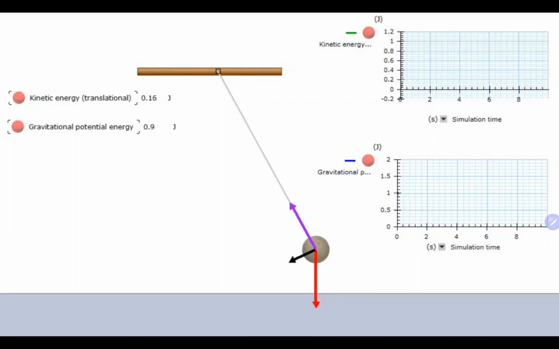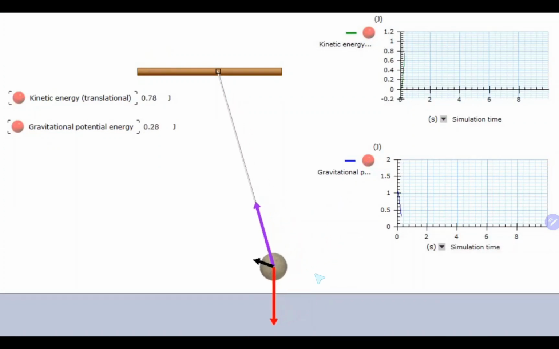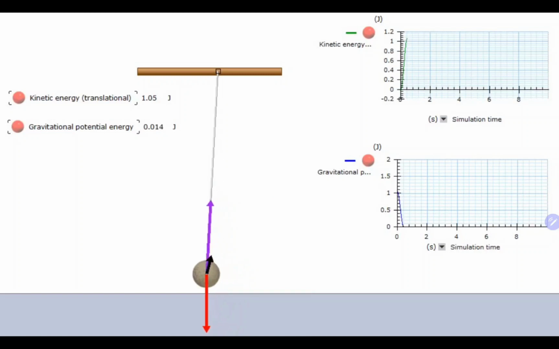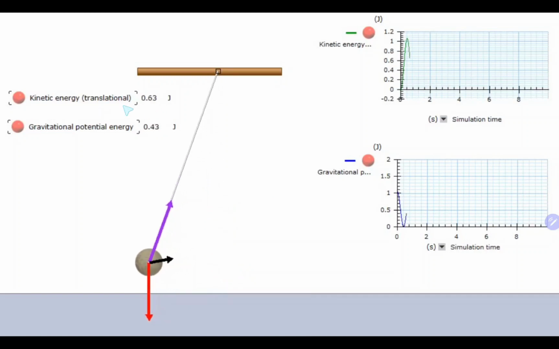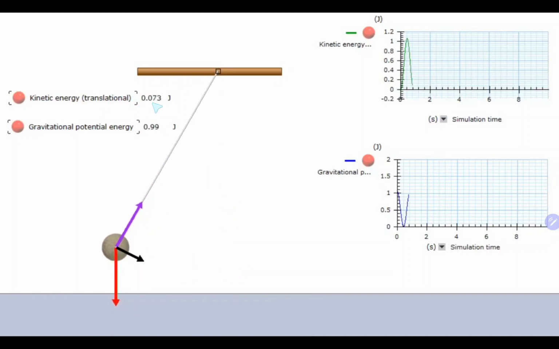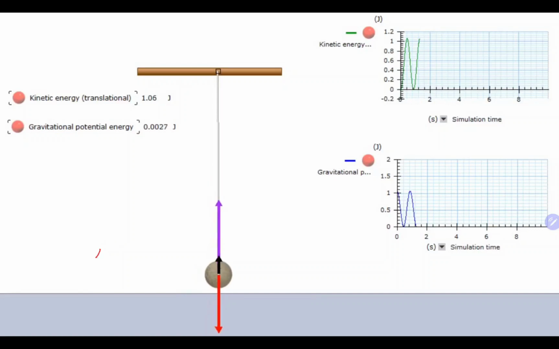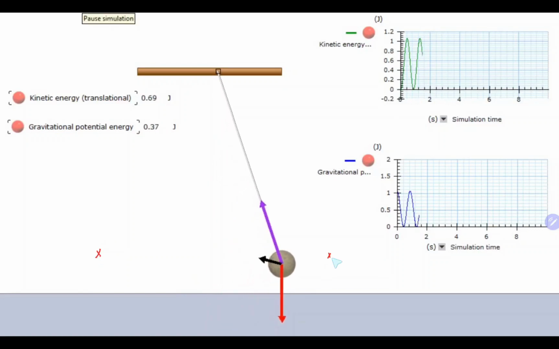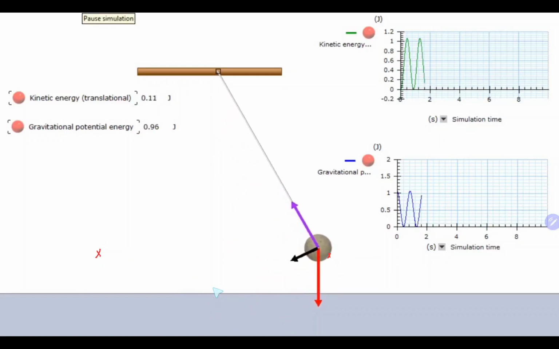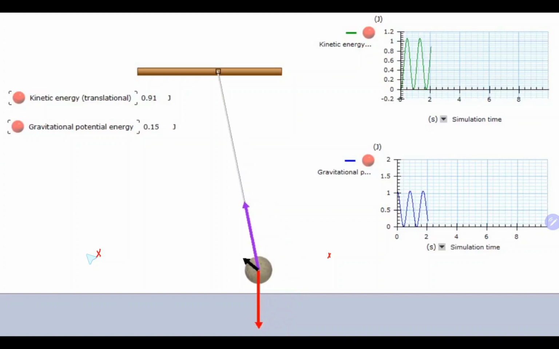Since the gravitational force is conservative, as we can see here, the kinetic energy starts increasing toward the bottom, and decreasing on the other side. The gravitational potential energy will be maximum at this position and at this position as well.